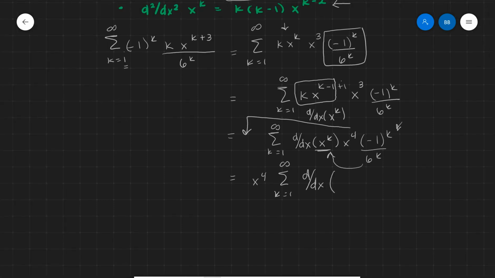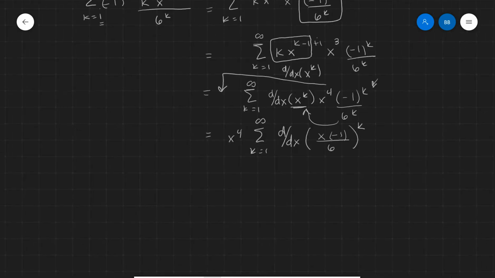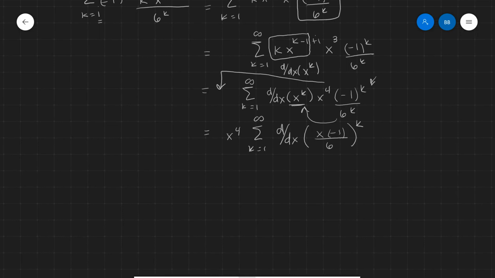So that is x to the k, negative 1 also to the k, and 6 to the k. And so we can just write the k outside of the parentheses. So again, what happened in this step is that we took the x to the fourth and moved it outside.